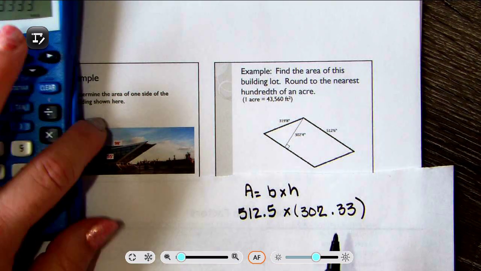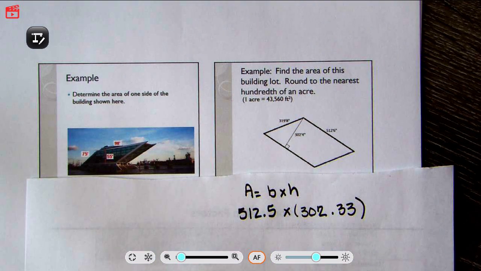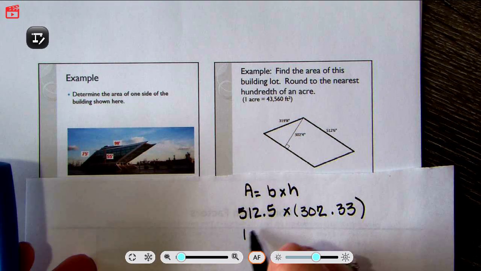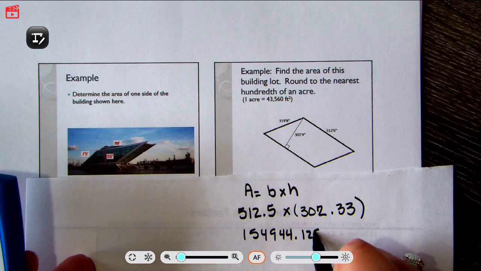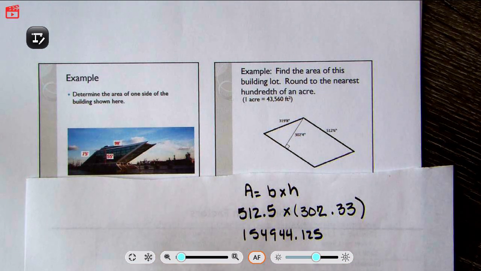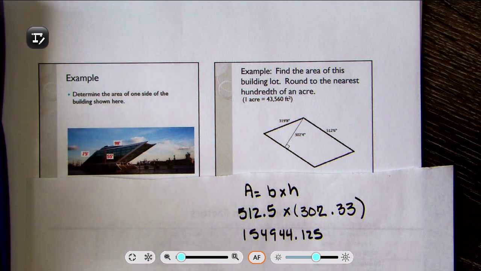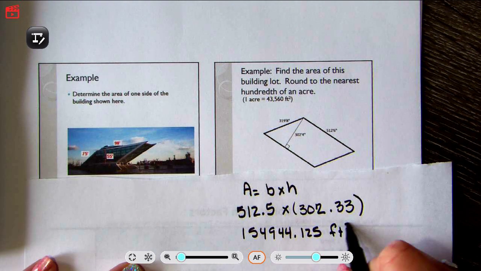So I'm going to multiply them together. So 512.5 times 302.33. And I see that that's 154,944.125. All right, and that is in square feet.